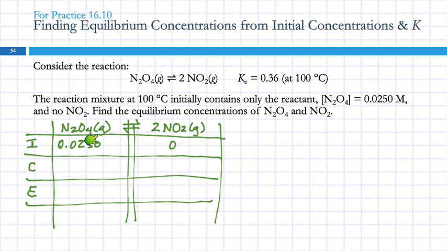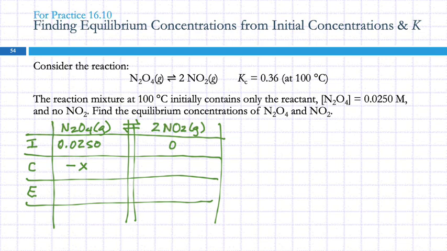How does the concentration of this reactant change? Does it go up or down? Down. How much? X. We don't know exactly how much, so we're going to call it X. If this goes down by X, what happens to this one?